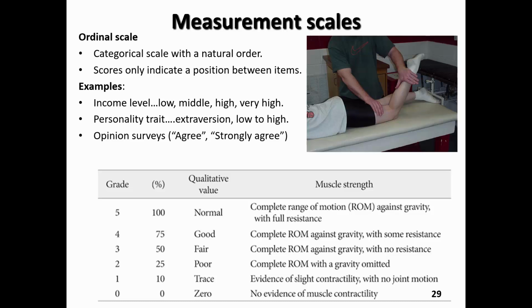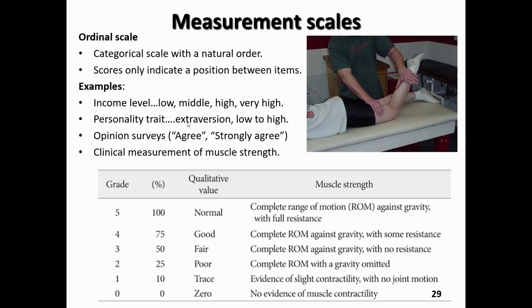Opinion surveys sometimes have a natural order to these outcomes from agree to strongly agree. So here we have this natural order where a person might agree to a question or have a very definitive agreement to that question. The example you see here on this picture, here we see a physiotherapist assessing the strength of this person's hamstring muscle with a suspected muscular injury.